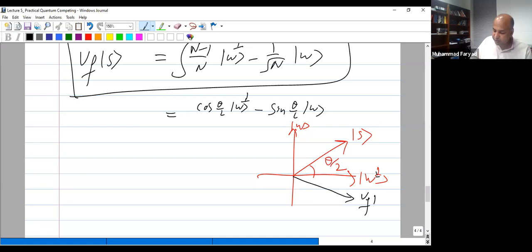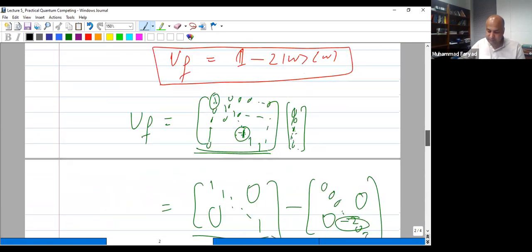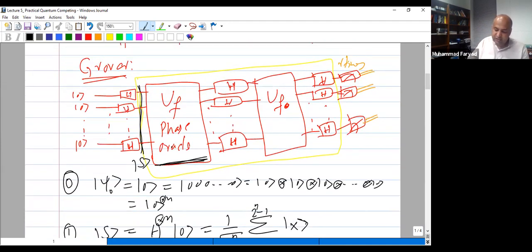And now this angle is theta by 2, simply because of this minus sign. This can be interpreted as having a negative angle with this W perpendicular axis. All right, so it means that this oracle in the Grover circuit can be thought of as just flipping the input state around the W perpendicular axis.